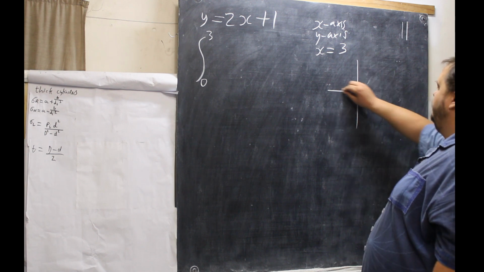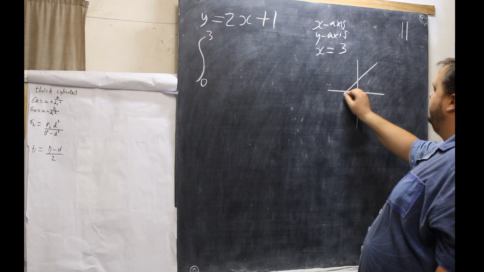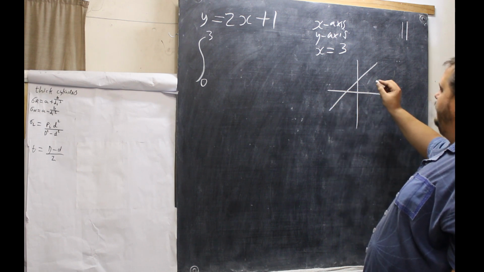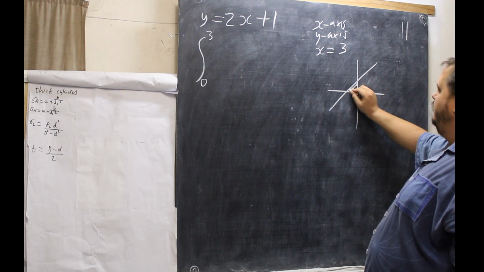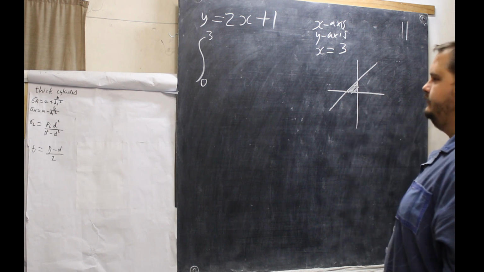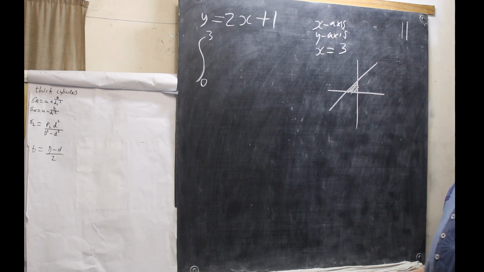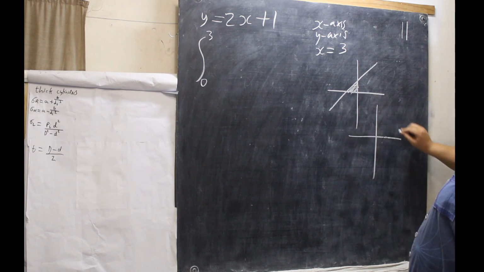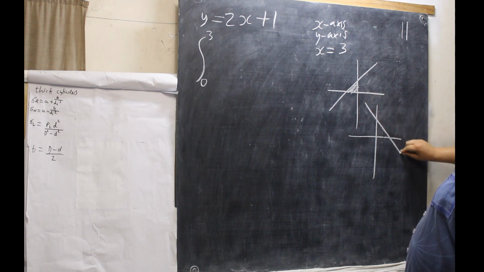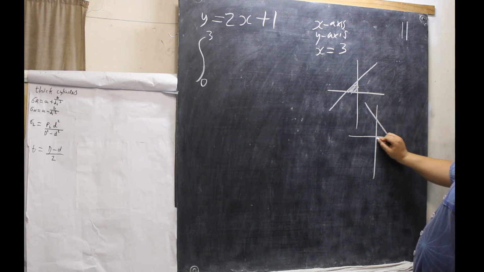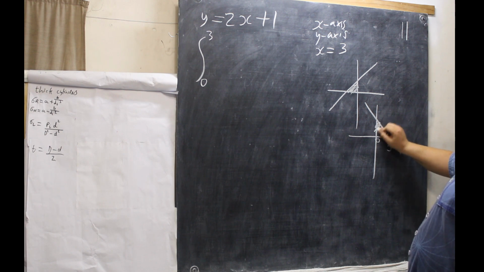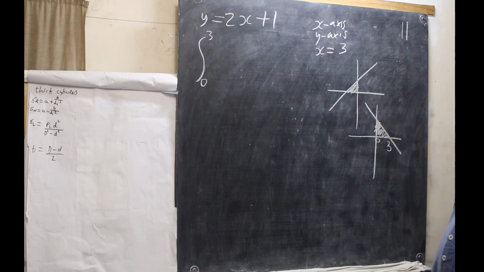So basically we are seeing this graph like so. We want to know what the shaded area is. Because there's 3 and there's 0, what is the shaded area in this particular instance?